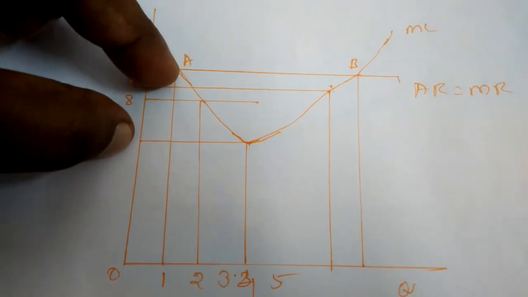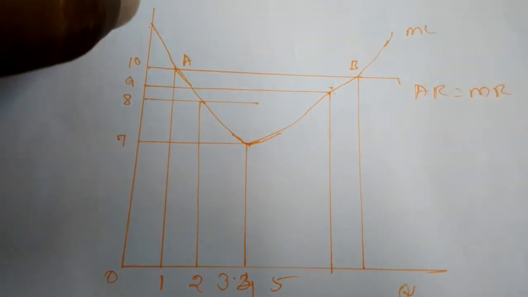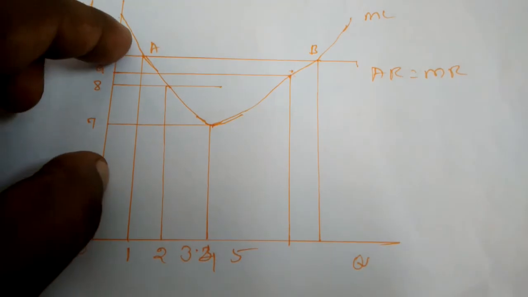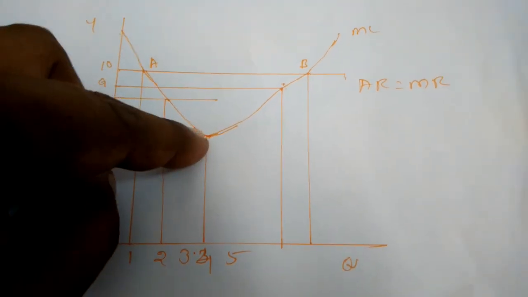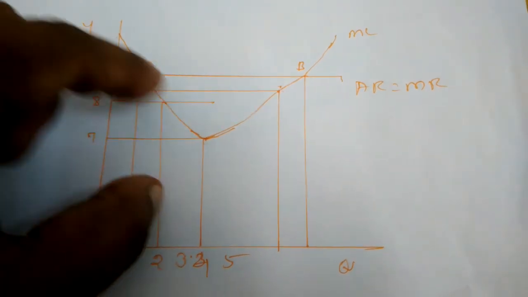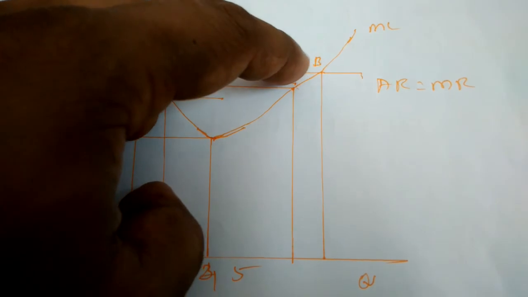So his profit increases when he produces output beyond 1 unit until it reaches 5 units. The marginal revenues decrease at first, and after that they increase.